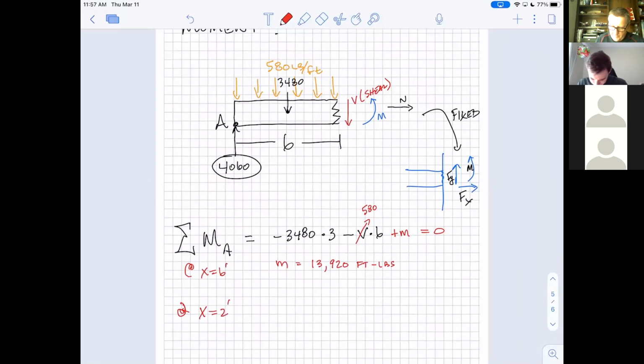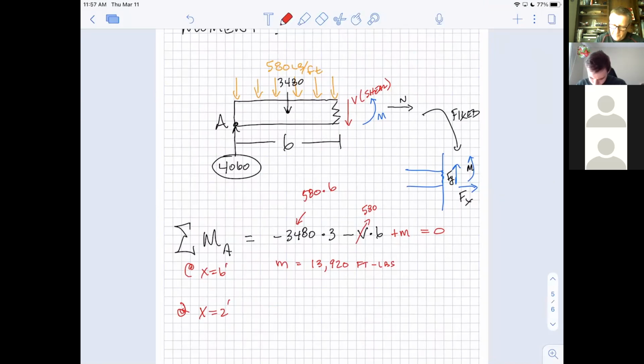And so at 2 feet, we'd have, well, let's see. Notice it's not negative 3480 anymore, because that 3480 right there was 580 times 6. But we're only going to have 580 times 2 now.